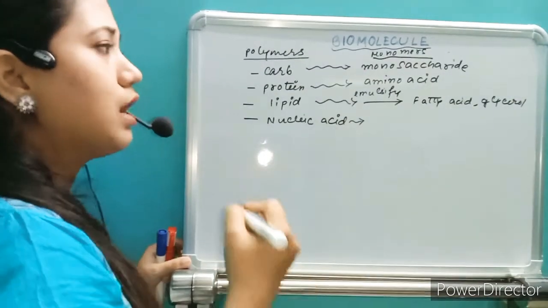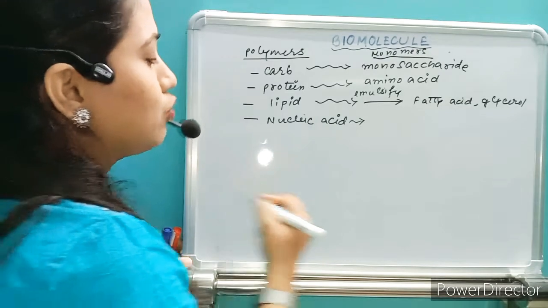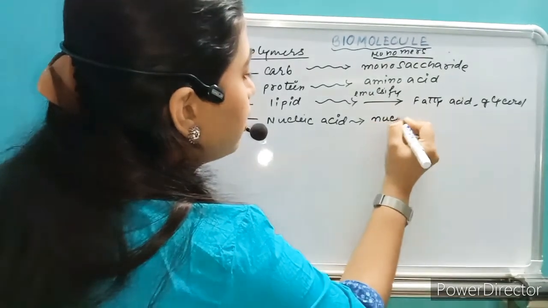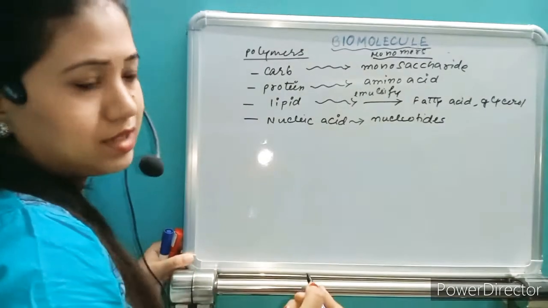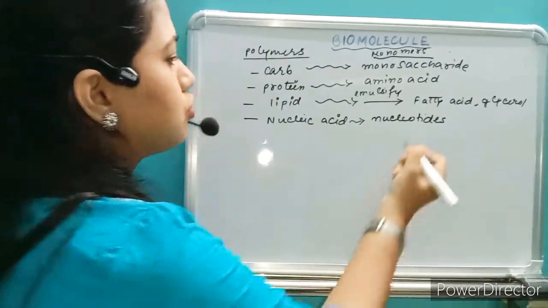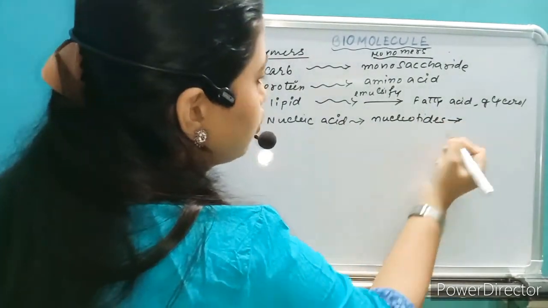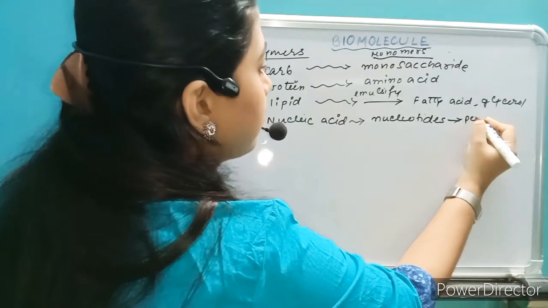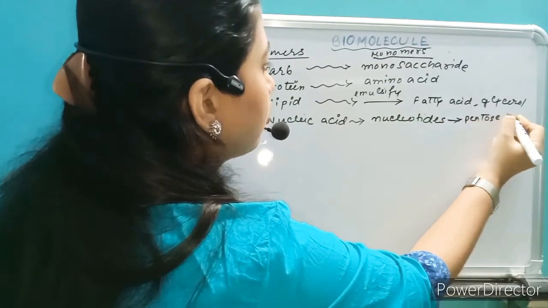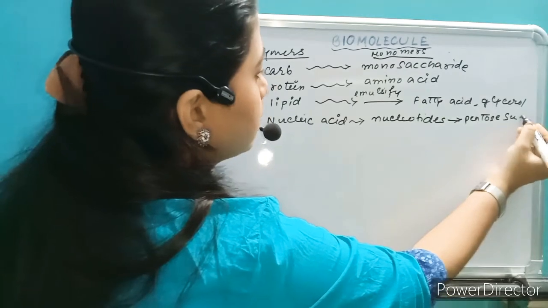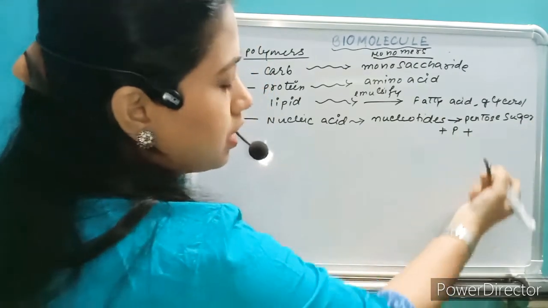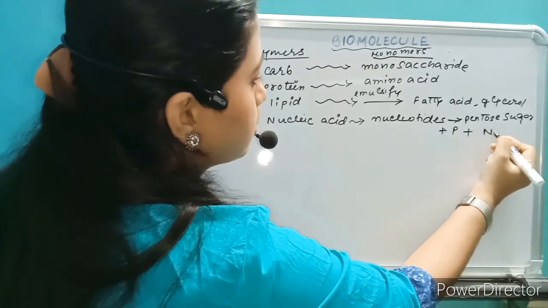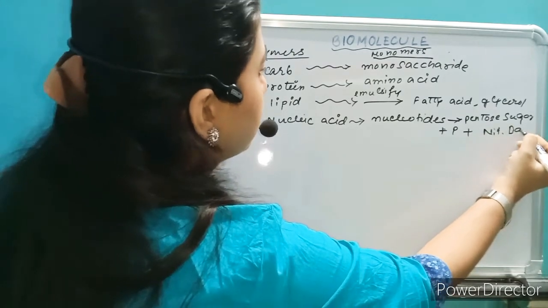The monomer in the nucleic acid is the nucleotide. Nucleotides can be further broken down, so inside the nucleotides we have pentose sugar, one kind of monosaccharide, then the phosphate and some nitrogenous bases.